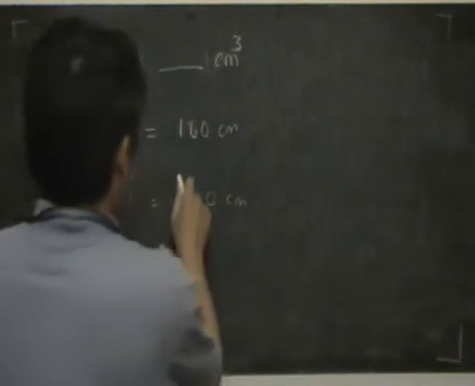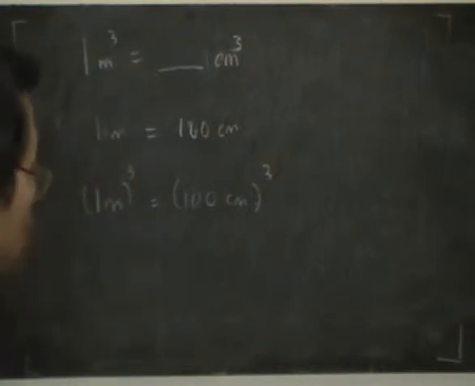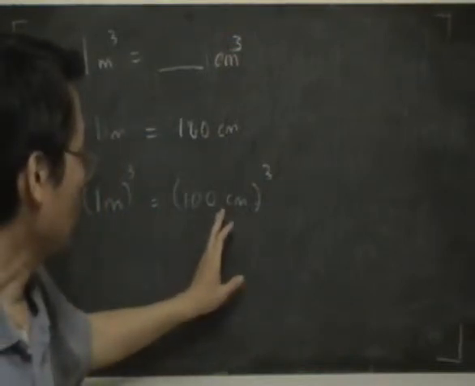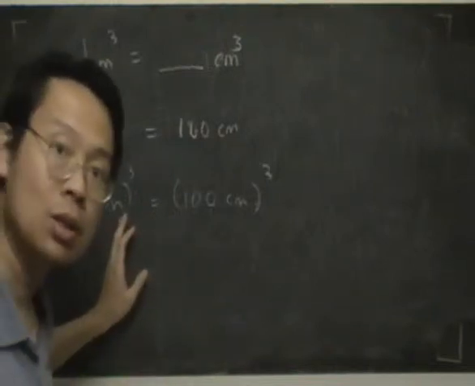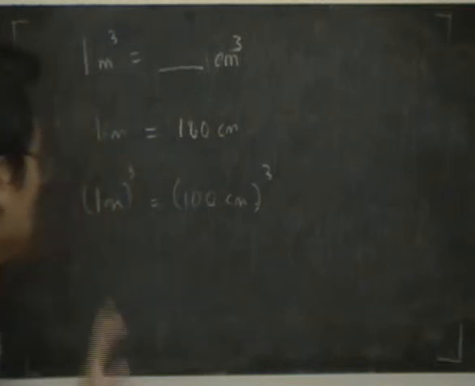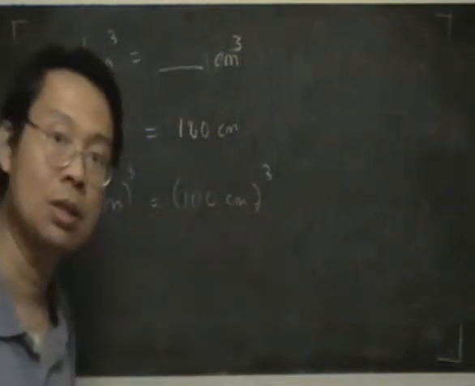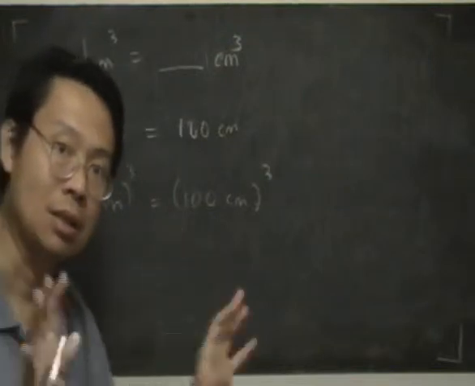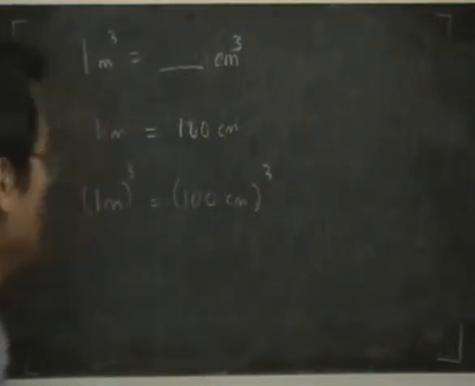You have to raise the right side to the power of 3 as well, so that the right side is still equal to the left side. So that's the idea behind the equation. If you do something to one side, you must do the same thing to the other side, then the left and right side will stay the same.